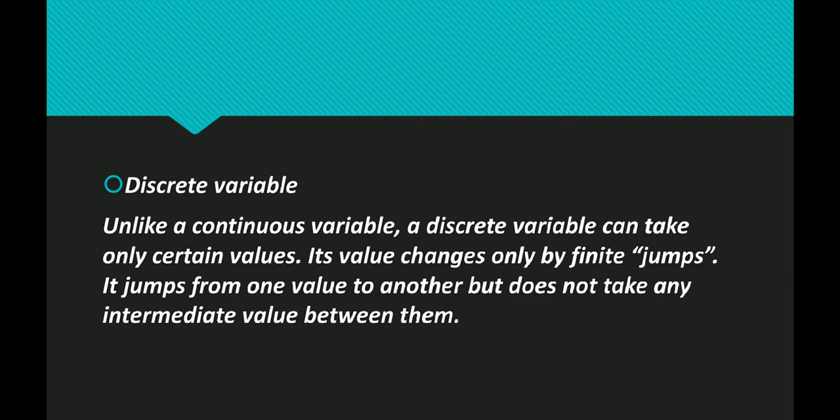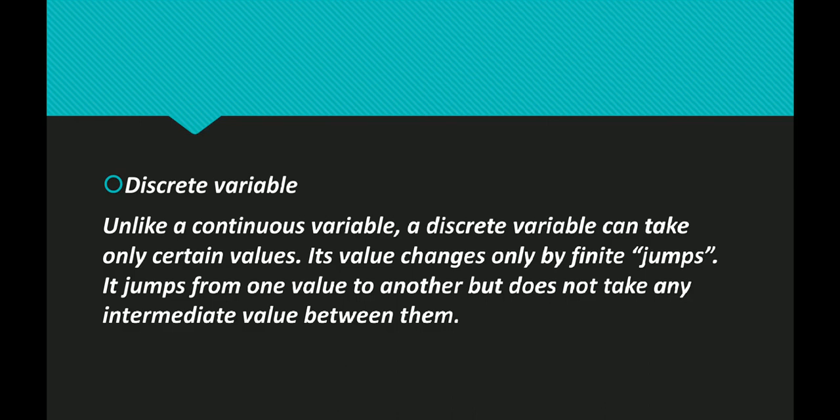Discrete variable. Unlike a continuous variable, a discrete variable can take only certain values. Its value changes only by finite jumps. It jumps from one value to another, but does not take any intermediate value between them. For example, a variable like number of students in a class for different classes would assume values that are only whole numbers.